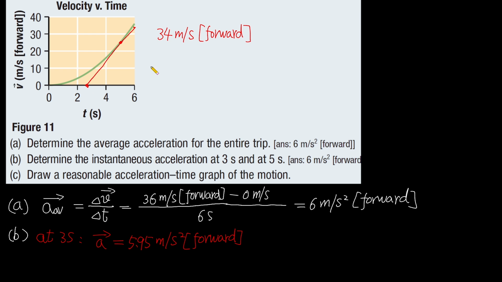And here, the velocity is 0 meters per second, and divided by the time interval. So let's check this here. The time interval here is around 3.3 seconds, and this equals about 10 meters per second squared forward.